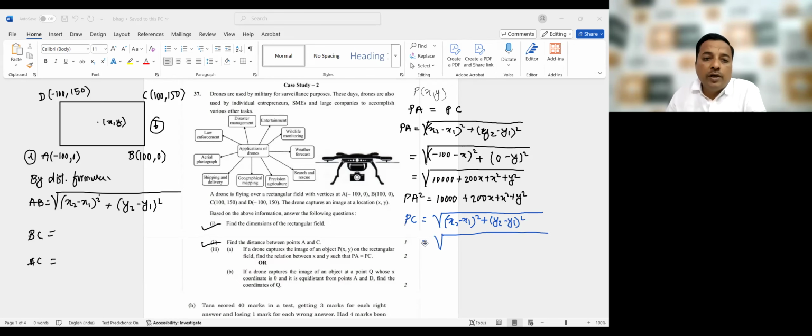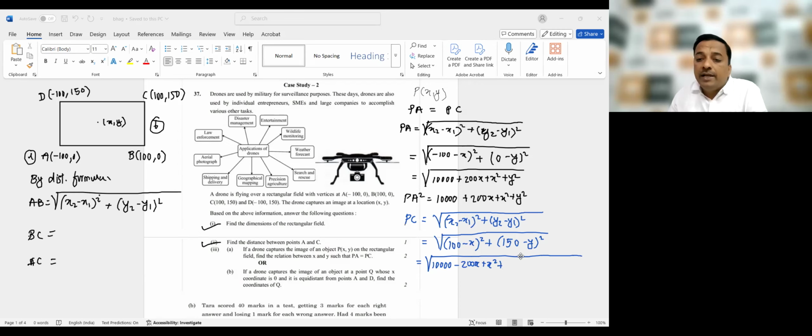Okay. So x2 is again 100 minus x whole square, and for this C, it is 150 minus y whole square. So 100 square is 10,000, and minus 200x plus x square using the identity.